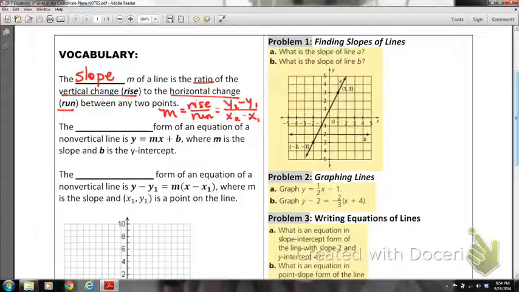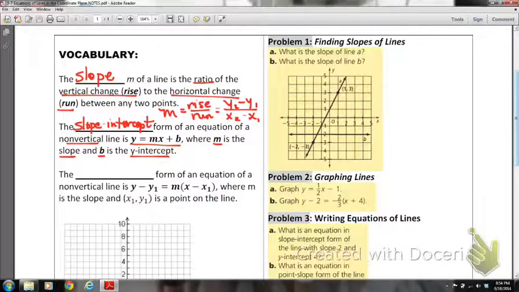Second definition is slope-intercept. The slope-intercept form of an equation of a non-vertical line is y equals mx plus b, where again m is the slope and b is the y-intercept. And we will use that in an example in just a minute.